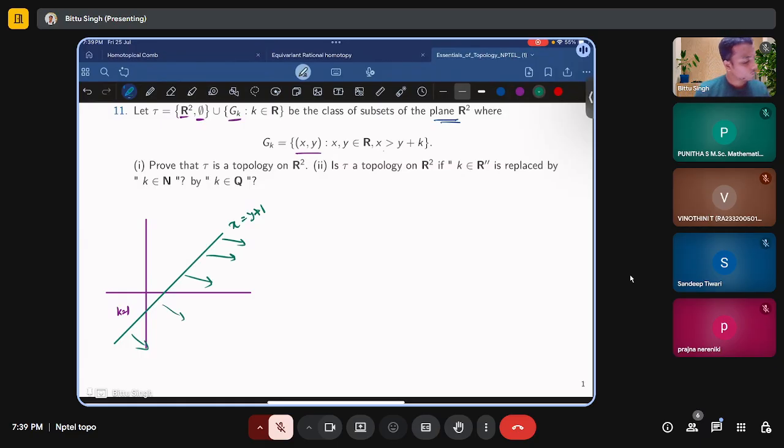This is x equal to y plus 1, and therefore x greater than y plus 1 will be given by this lower half. Similarly, we can draw other things also. This area is x greater than y plus 1. By a parallel line we can draw this side, that is x greater than y plus 2. Now the question is, is it a topology? Can you easily see if this is a topology or not?